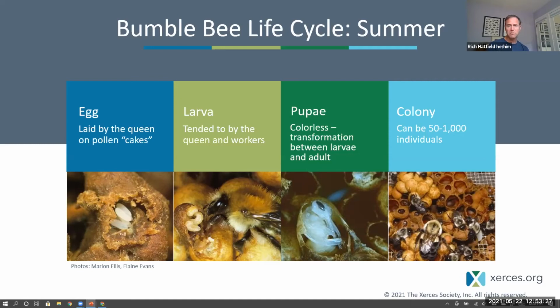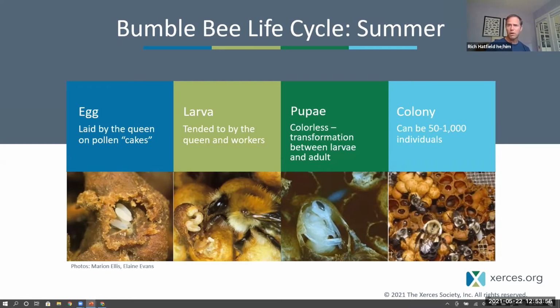And she'll also spend some time incubating those eggs to keep them at the right temperature for rapid development. Eventually those larvae, after they've gone through a number of instars, go through complete metamorphosis, like butterflies. So they pupate just like caterpillars do, and then emerge as a winged adult. That process from egg to winged adult takes about 5 weeks, which is a fairly long time period.